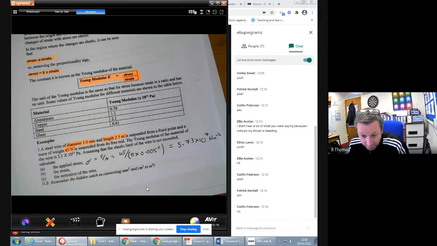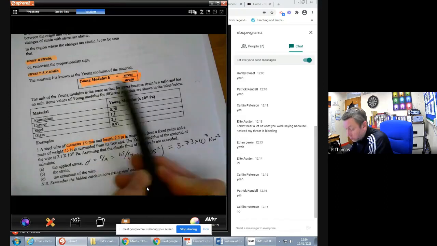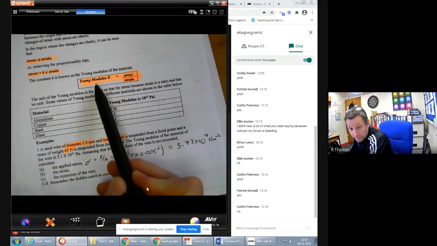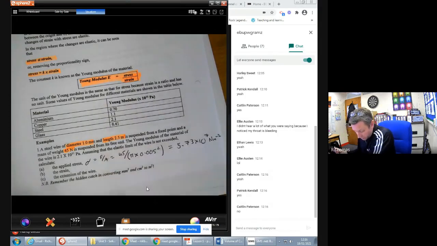Right, now the strain. We're going to utilize this equation here to get the strain. So the strain will be the stress divided by Young's modulus, right?